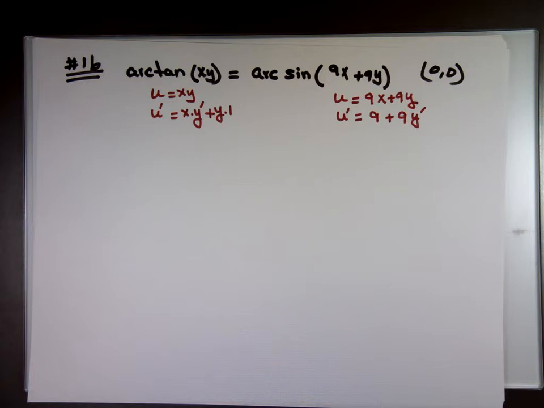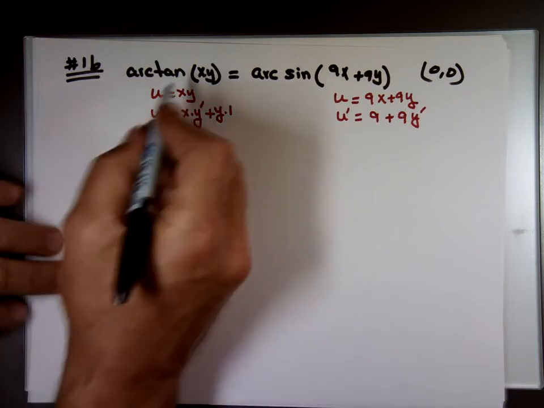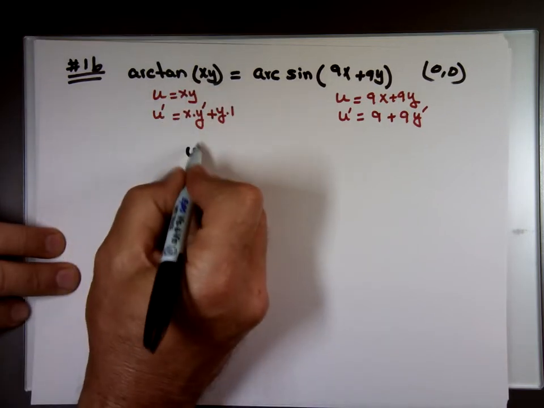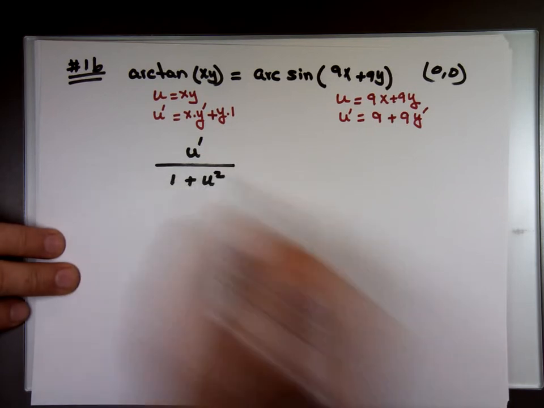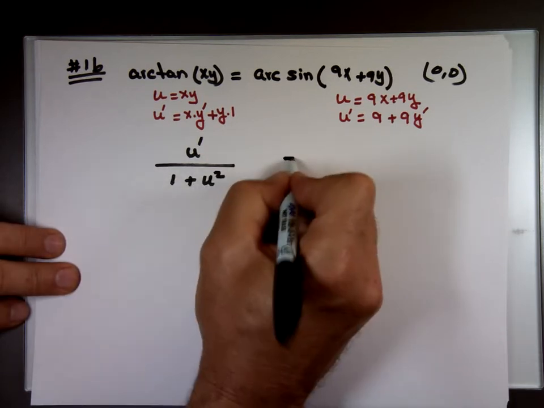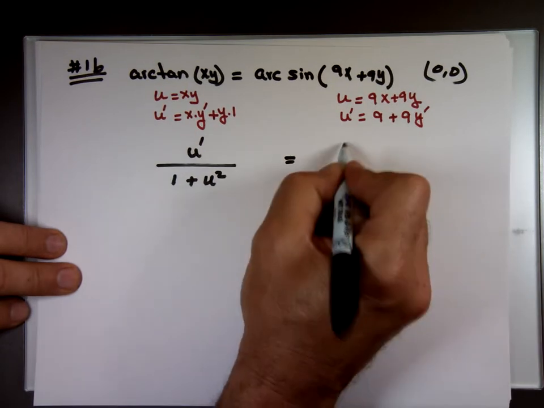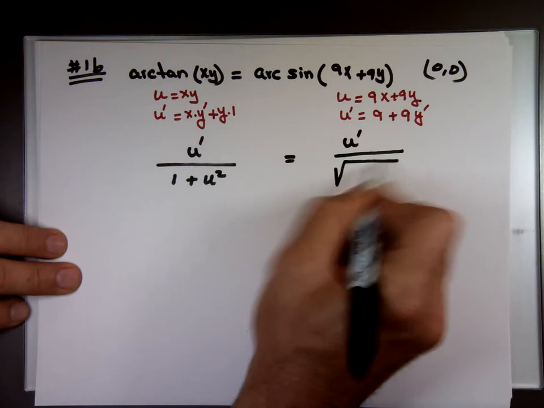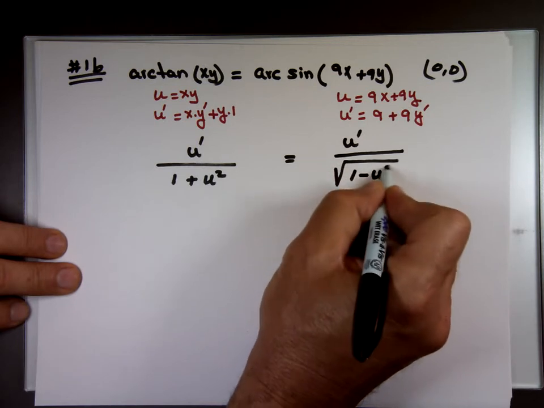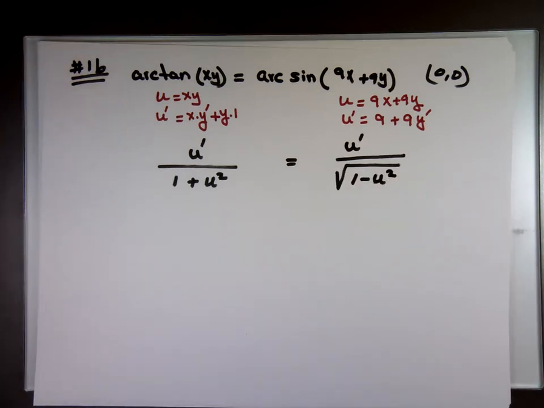So for the tan, the answer is what? U prime over 1 plus u squared. For the sine is going to be what? U prime over the square root of 1 minus u squared. And now fill in the blank for each one.